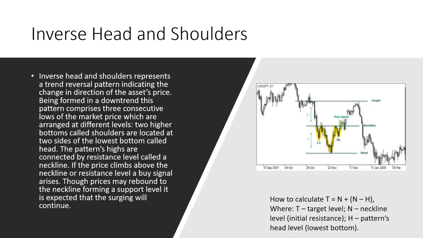Even in a reverse upside down. So once we have our target, we also have our entry point, because our entry point will be slightly below the formation of the bottom shoulder. Our stop loss point would be the top height of the shoulder. So therefore we have our take profit point, we have our stop loss point, we have our entry point, and we have everything we need to make a trade.